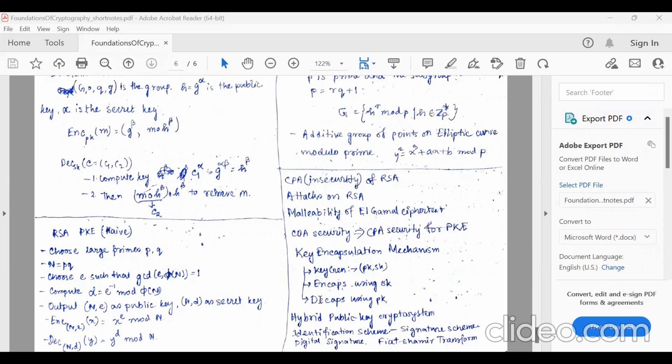That is the concept of a hybrid public key cryptosystem.